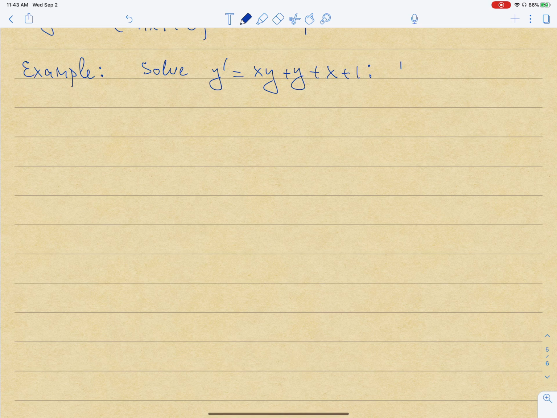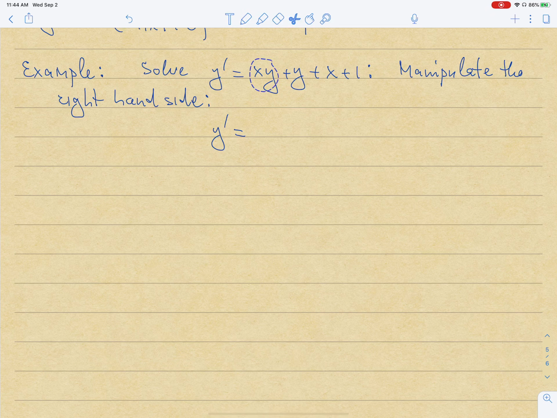So I'm going to manipulate the right-hand side of this equation. In what way? I can collect common terms.